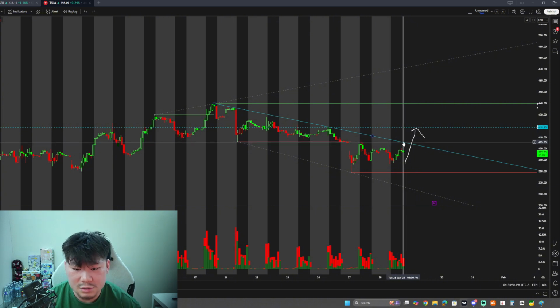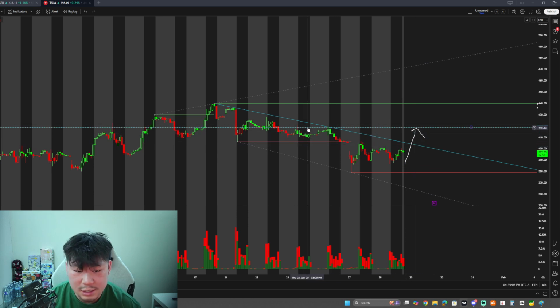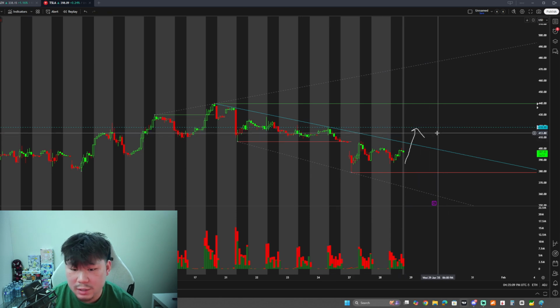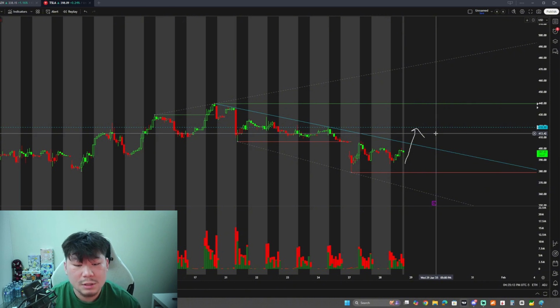No, because there's not any sort of confluence that I can use directly with this setup. But if we do break this trend line and hold above it, we have a flat top and key level at the 419, 420 area that we can actually take advantage of. So that's one of the ways you can use trend lines to help identify trading opportunities.